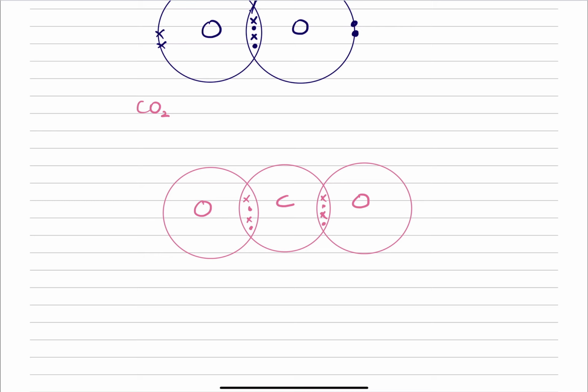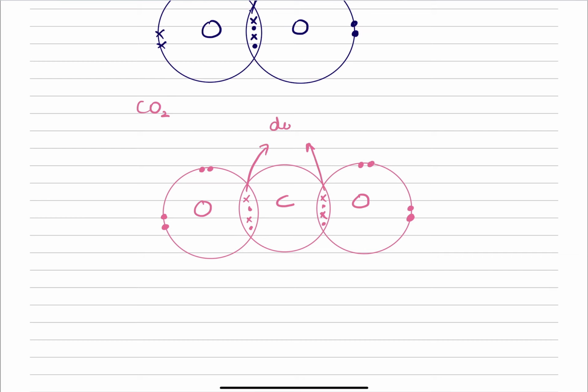And then oxygen atom has a total of 6 electrons of its own and 2 it gets from carbon. So 6 electrons means it has 4 more electrons here, and this also has 4 more electrons here. Now again, each atom is having an electronic configuration of a noble gas, which is 8 electrons in its outer shell. However, it has 2 double covalent bonds.